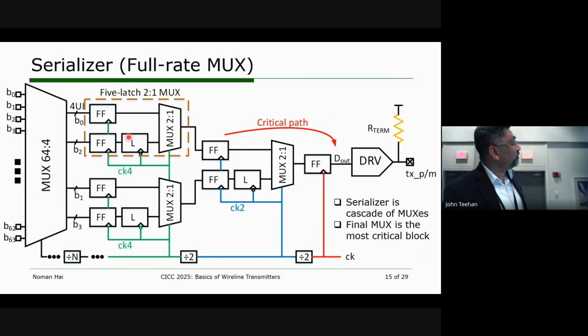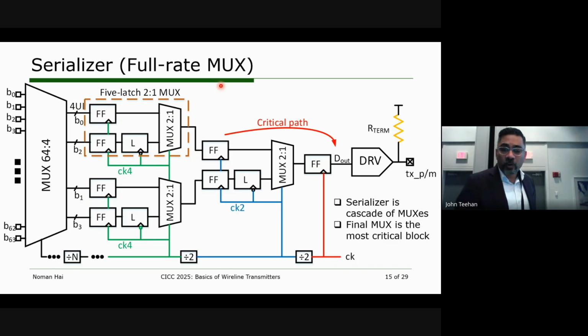There are different kinds of muxing involved in this. So a serializer is just a cascade of muxes. You can think of it from that perspective as well. For example, the 4 bits of information coming in, we can mux them into 2 bits, and then the two bits are muxed or selected 1 bit at a time, and it will be flopped on the final flip-flop through the driver to the output. And we usually call this full rate mux.